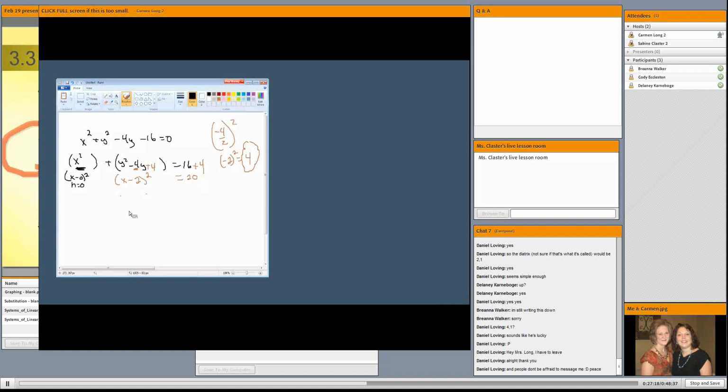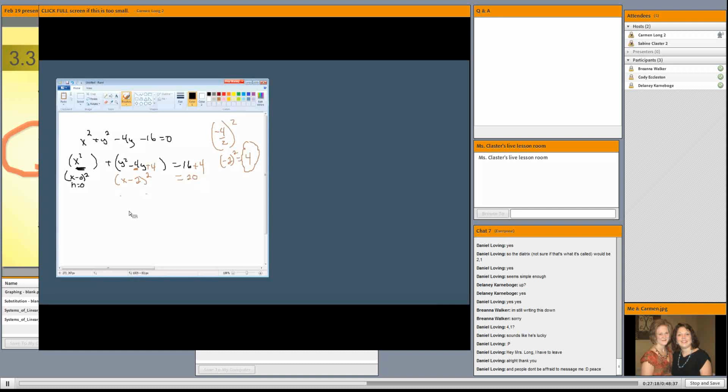The center is h, k. And our radius is the square root of 20, which is about 4.5.